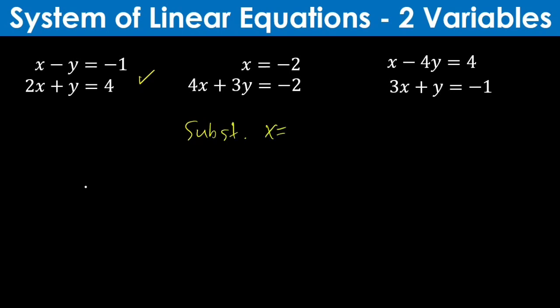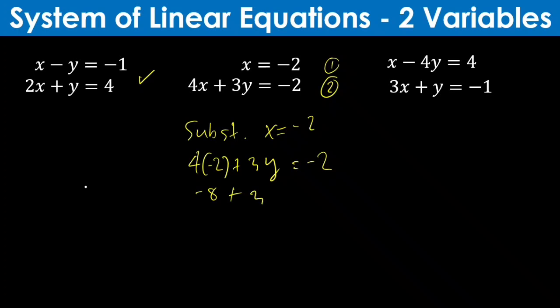Substitute your x equals -2 to our equation 2. 4 times -2 plus 3y equals -2. That is -8 plus 3y equals -2. Transpose that here, becomes plus 8.